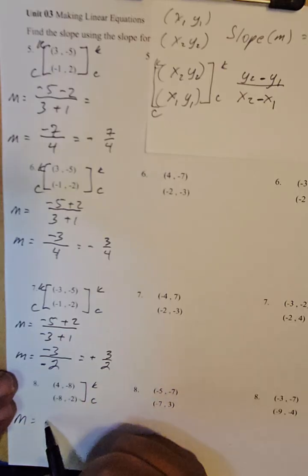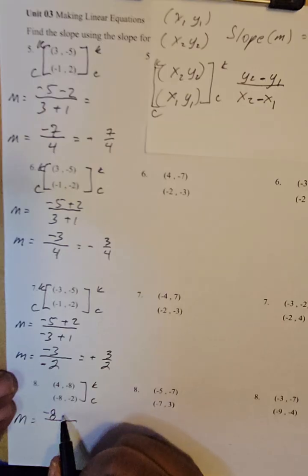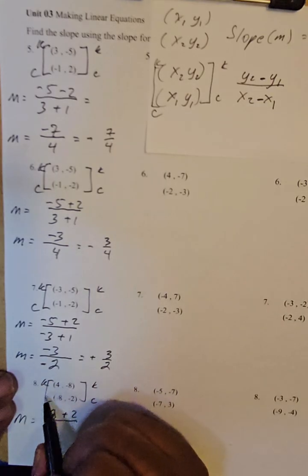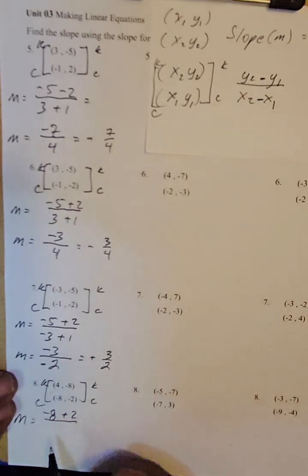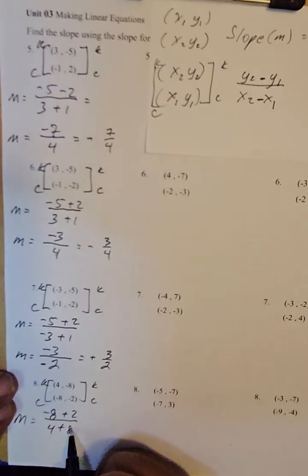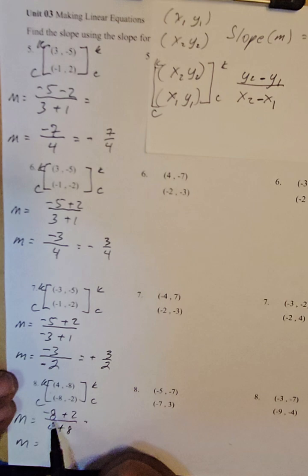Okay. Here, we're going to do a keep and change. So keep -8 and change -2 to +2. On the left side, we're going to keep the +4, but change the -8 to a +8. Different signs are going to subtract, so we'll get a 6. Bigger sign wins, so that's -6.